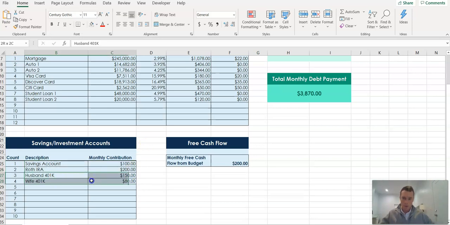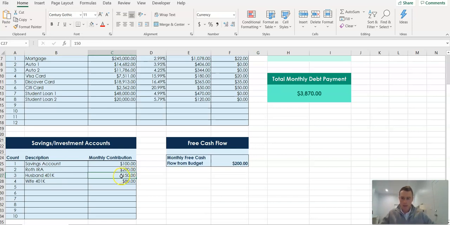But specifically for the 401ks, and again, whether it's 403 or 457, whatever your account is, the amounts you enter here should only be amounts that you're contributing in excess of your employer match.